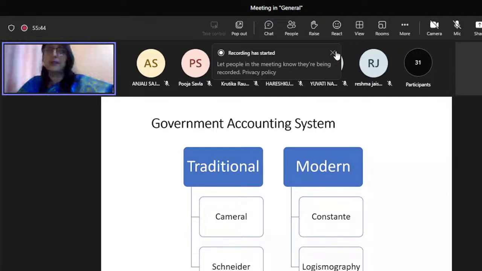So this was a traditional government accounting, a record of assets. Now they started looking after the assets, the outstanding dues, and the payments and receipts also. This was a transition to an accrual based system of accounting. And the logismography accounting system, you can say, is an addition. Here the government accounts were divided into two: those owned by the government and those of parties acting on behalf of the government, the service providers.